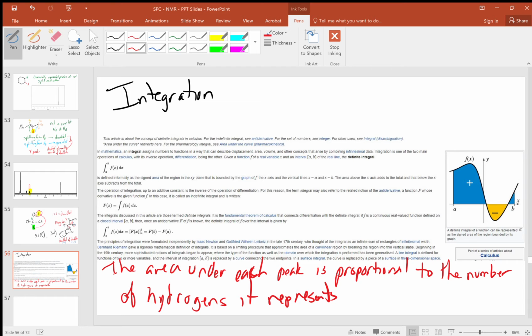The other way is if you know the total number of protons in your molecule. Then you could integrate all of the peaks that are part of your compound, and after you've done that, you would just tell the software that instead of these peaks adding up to 7, they should add up to 15, and it'll scale accordingly.